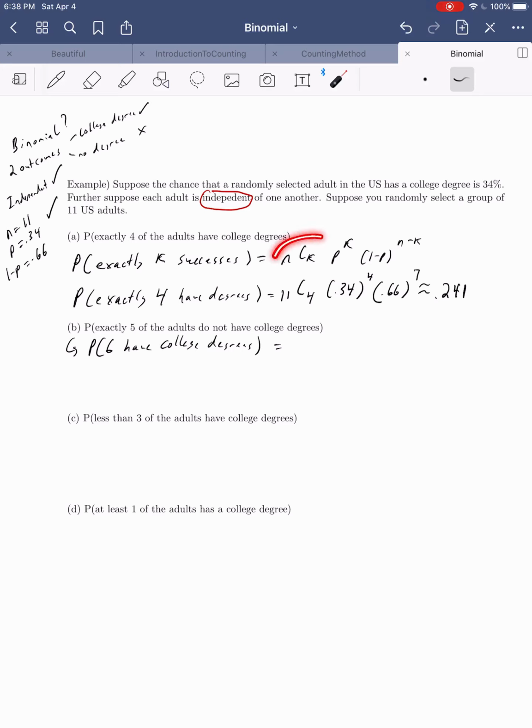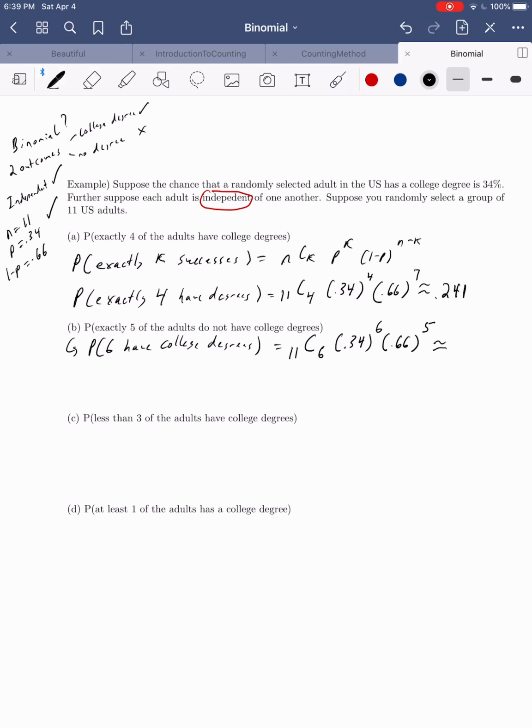Now we can go ahead and use our formula again. So we still have 11 people. We're going to choose 6 of them to be the ones that have college degrees. The probability of having a college degree is 0.34, and we're going to raise that to the 6 because we want 6 of them to have college degrees. The probability that they do not have a college degree is 0.66. And since 6 are going to have college degrees and we have 11, that means we want 5 to not have college degrees. And we'll go ahead and multiply that out.